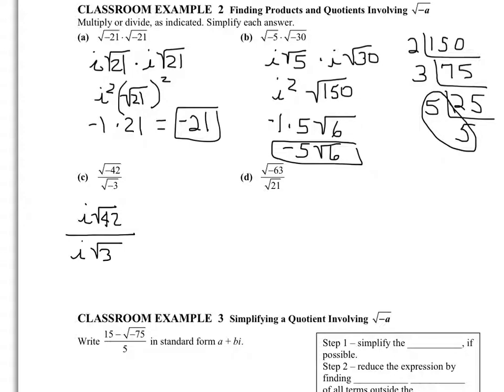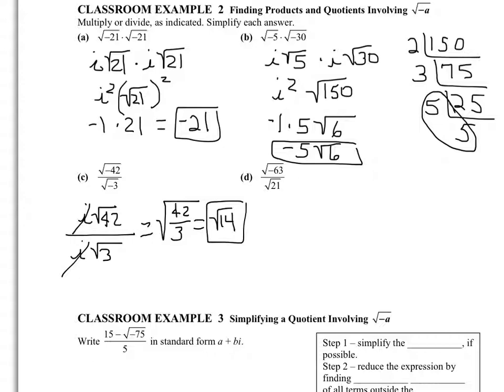And this time, because there's an i on top and an i on bottom, I have a common factor there. That's going to cancel. This will not have an i in the answer. It will not have a negative in the answer. And then for simplifying radicals, since 3 divides into 42 evenly, you could think of this as the square root of the fraction, 42 over 3, which would give me the square root of 14.